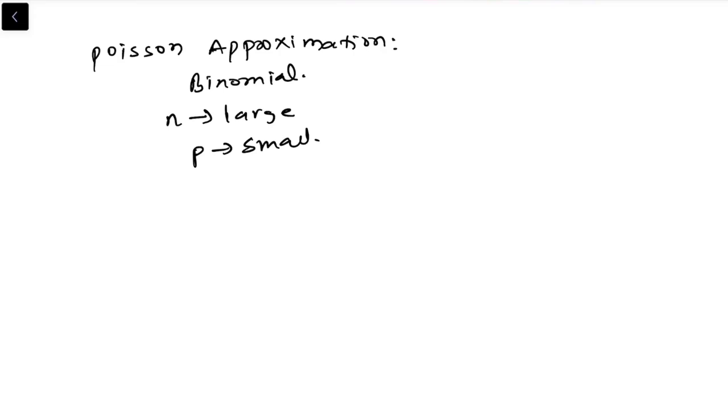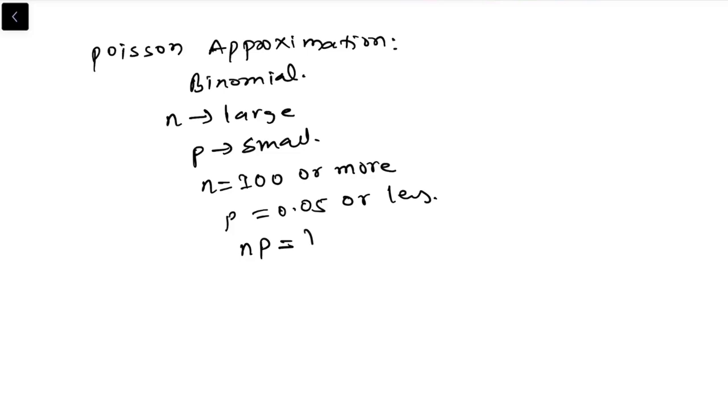Typical applications have n equals 100 or more and p equals 0.05 or less. Now the approximation depends on the product np, and this is lambda. So please remember this. The individual values of n and p are irrelevant. You always look at the product np.